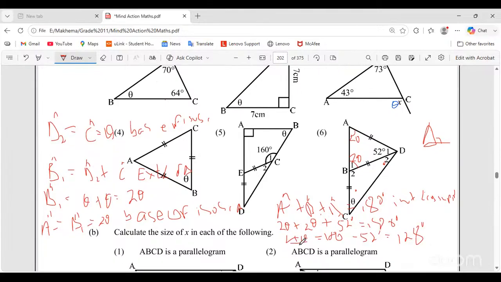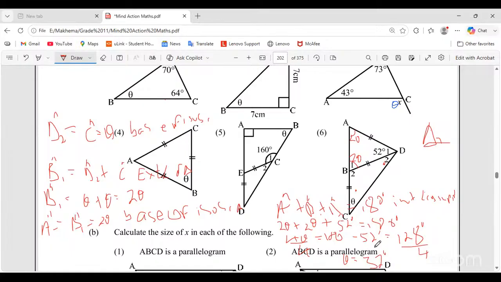I divide by 4 on both sides. I get theta is equal to 128 divided by 4, which gives me 32 degrees. Then we are done finding theta just like that.